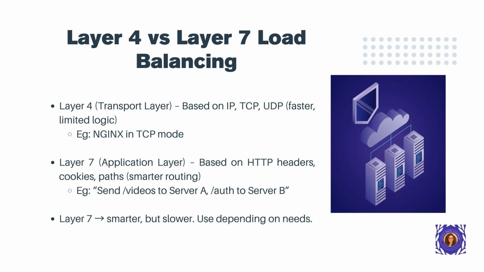While offering greater flexibility and intelligence, Layer 7 load balancing introduces slightly more latency due to the deeper inspection required. The choice between them depends on whether your routing needs are simple and fast, L4, or complex and content-aware, L7.